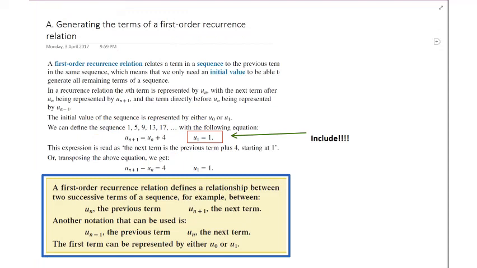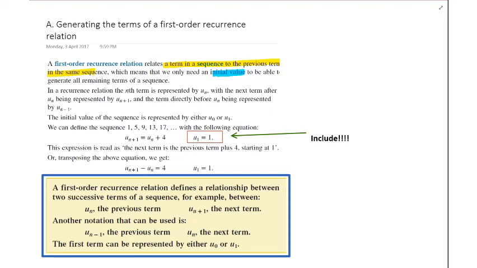Okay. Now, here's what we've got. Generating the terms of a first order recurrence relation. It relates a term in a sequence to the previous term in the same sequence. So what we need to start with is an initial value, and from that, we can generate what we need after that.